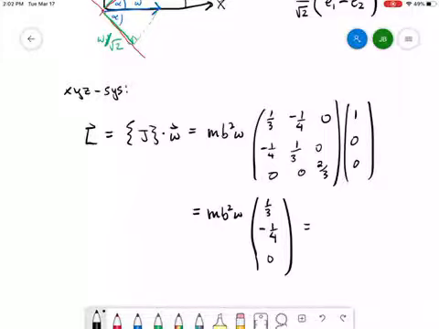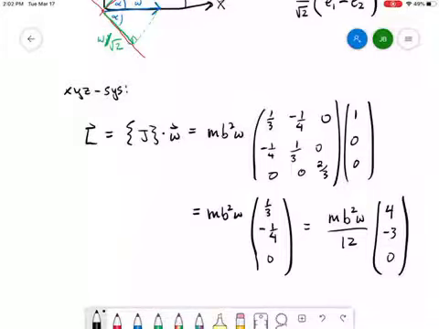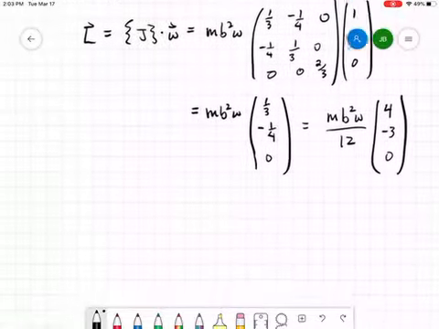Okay, so we could write that as m b squared omega over 12, and so we'd get 4 and minus 3. So that is the angular momentum in the XYZ system.